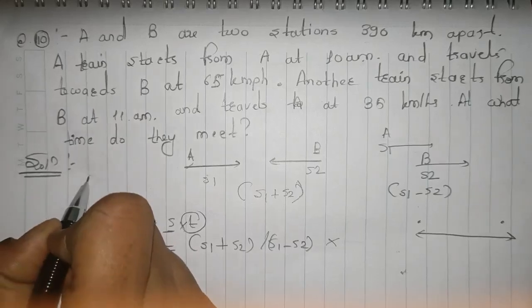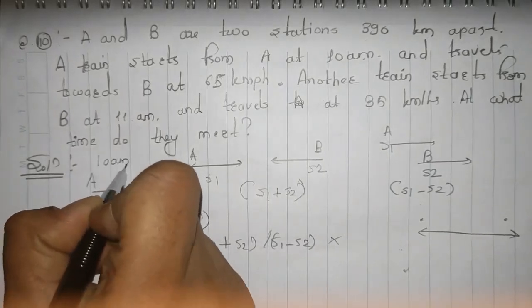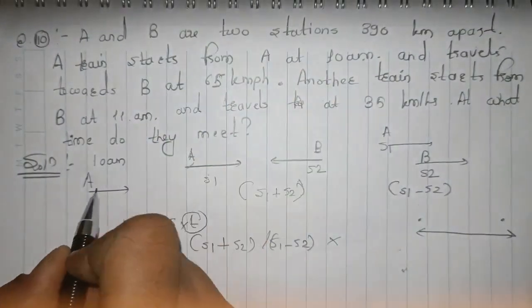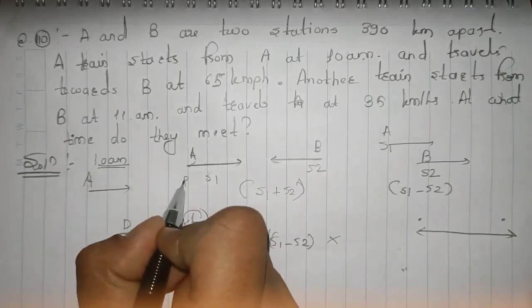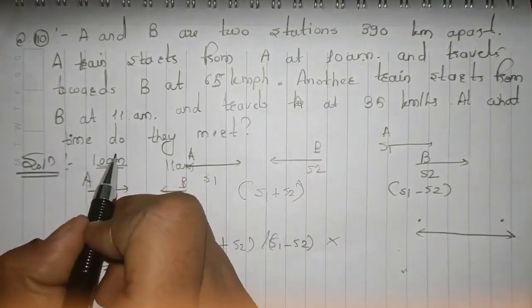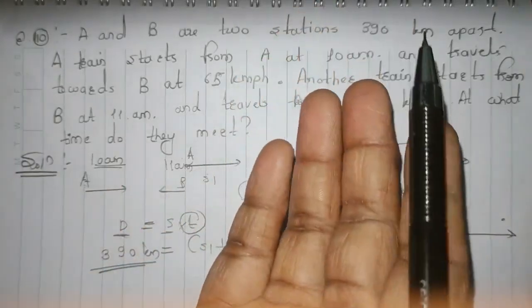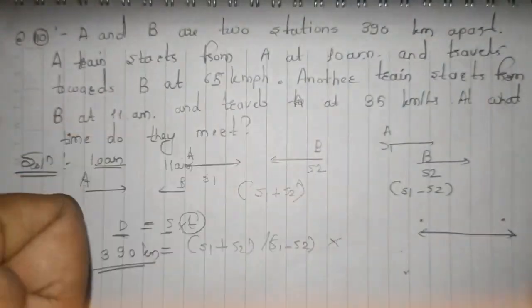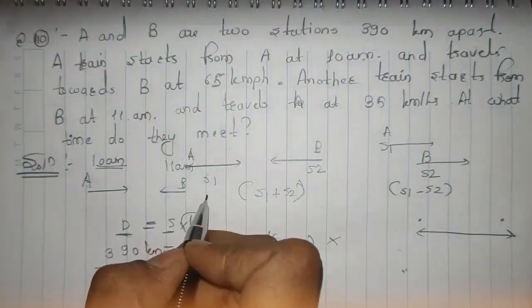For example, A is moving, and as per the question, A started moving at 10 a.m. and B started moving at 11 a.m. Between 10 a.m. and 11 a.m., A has started moving 1 hour before, and for that 1 hour B is still there.